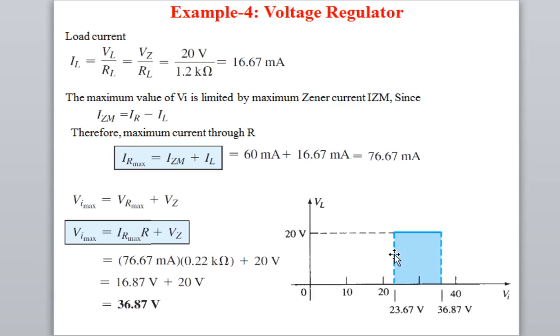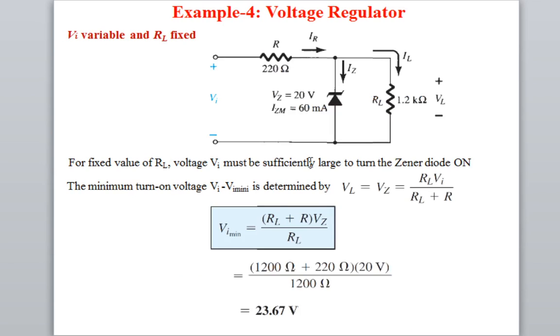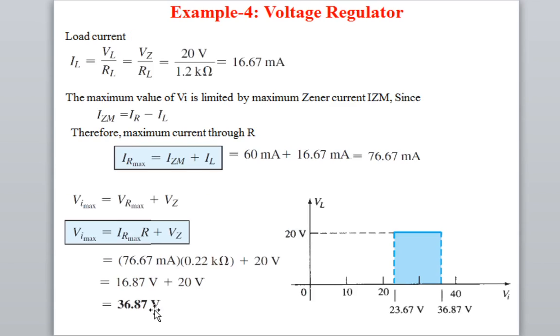For this range of input voltage, the given circuit is behaving like a voltage regulation circuit. That is the meaning of these two numbers, this VI minimum and this VI maximum.